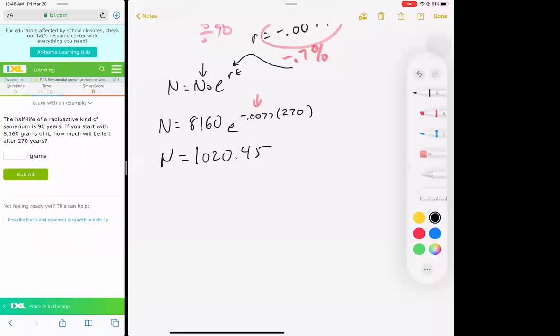Okay, so for this problem, you could have also done it a very cheesy way. What I mean is that, isn't 270 just 90, and then 90 again, and then 90 again, 3 times? So if we started off with 8,160, after 90 years you would have ended up with 4,000. Wait, is that number right? Is that what you guys got?